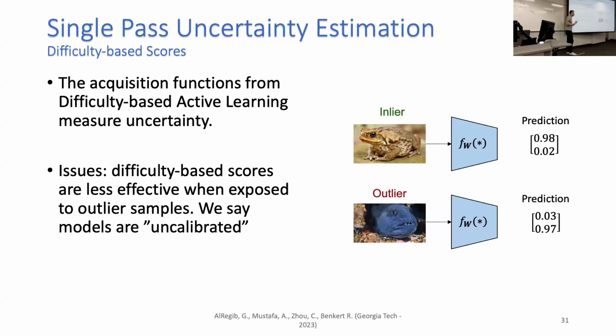We say, and this is something you'll hear a lot, that neural networks are badly calibrated or uncalibrated, right? That's also very much used. So that's very interesting, right?